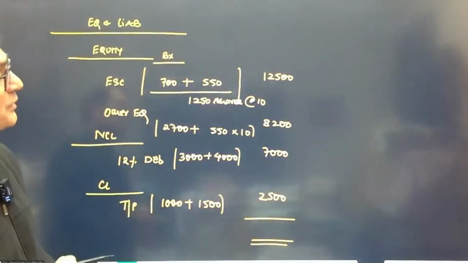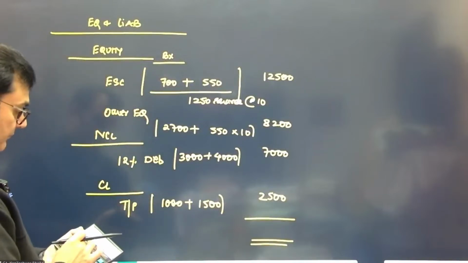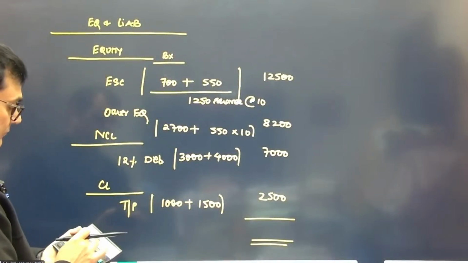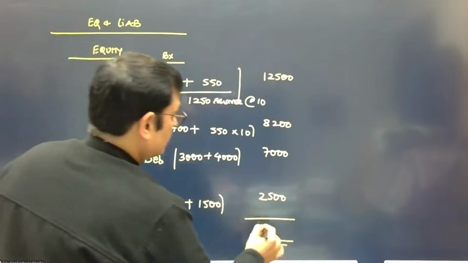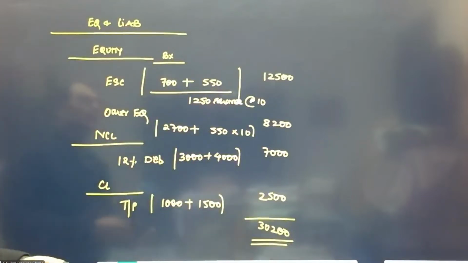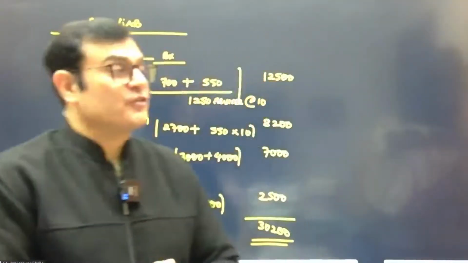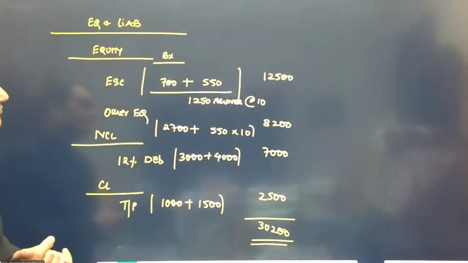Now let's see, is the balance sheet tallied? Yes, it is coming to 30,200, the total of the balance sheet. Correct. So this makes the consolidated balance sheet as well.